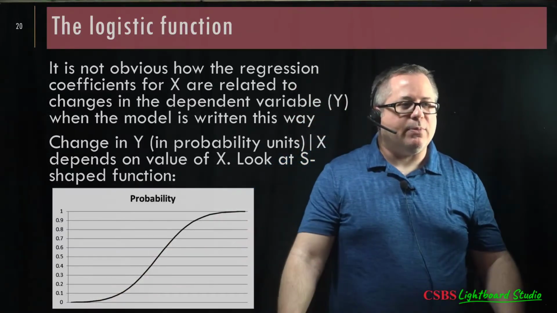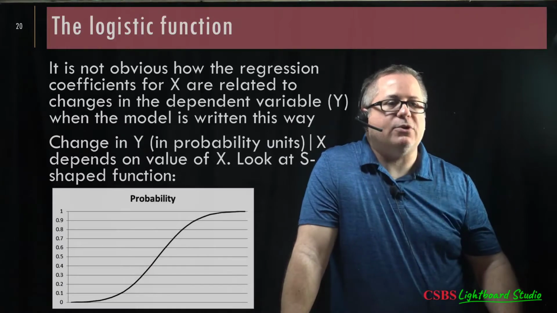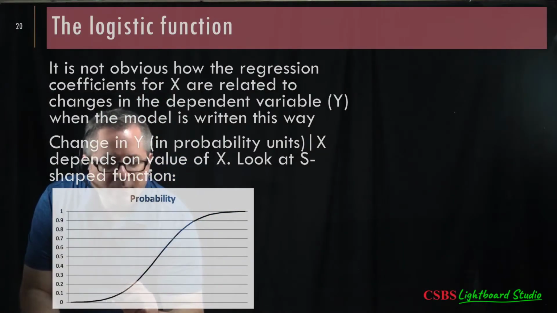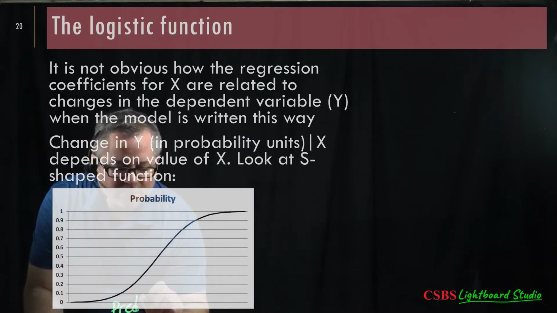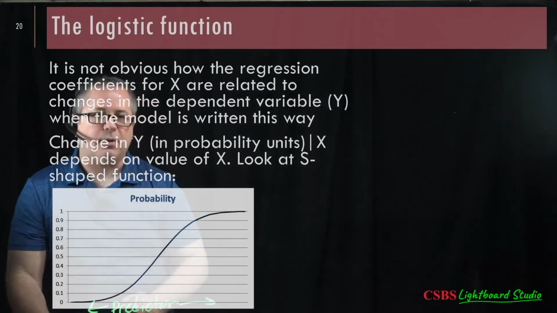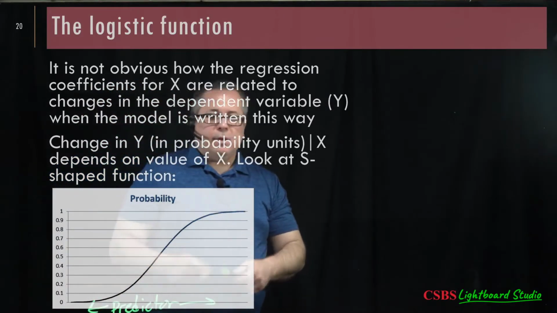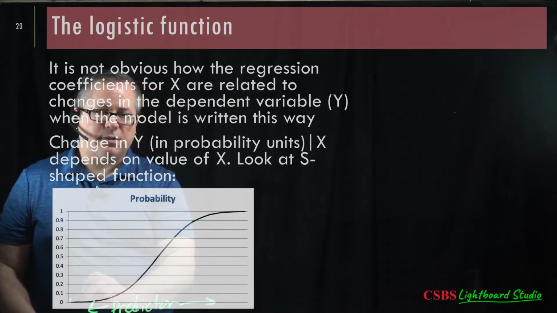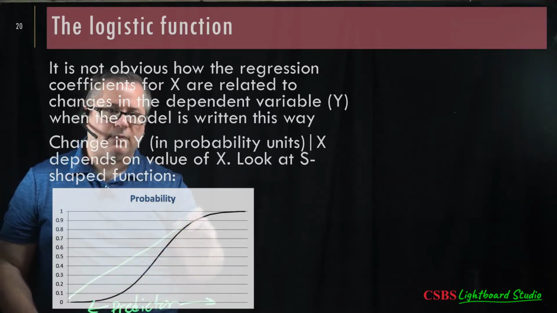If you imagine this is some kind of X across the bottom, some predictor that goes from some low to high number, we're used to seeing graphs that have a linear function like that.